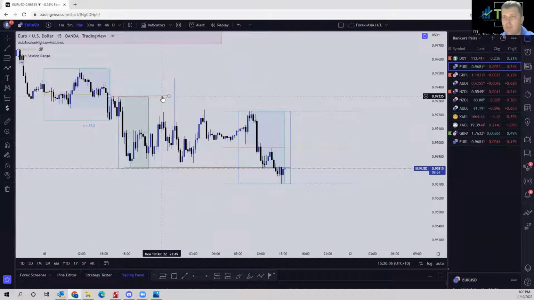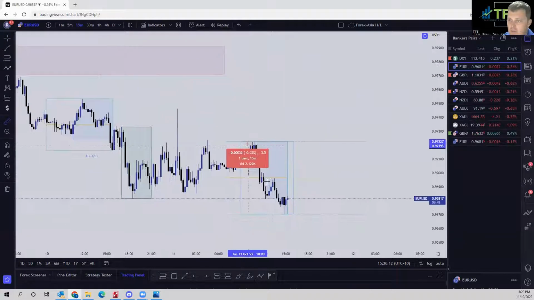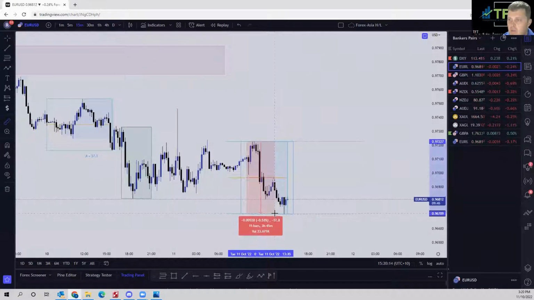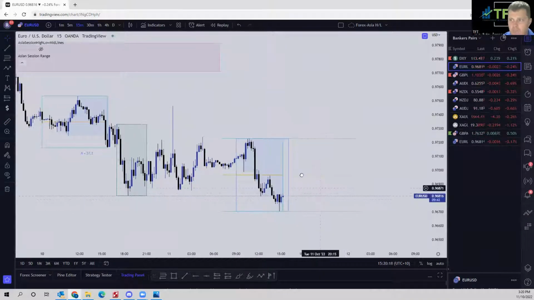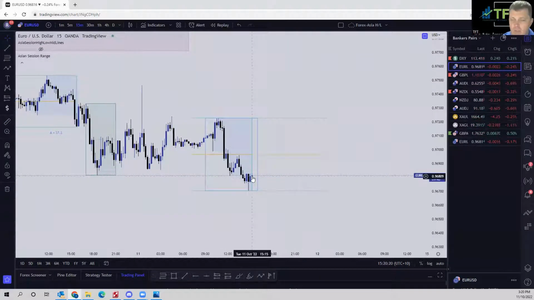So for me, with today's price action being about a 52 pip range, quite a trending range, we have two different scenarios that can play out. We can see a slight pullback in the range to an internal point of interest.